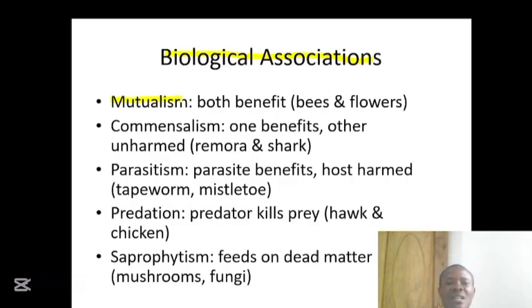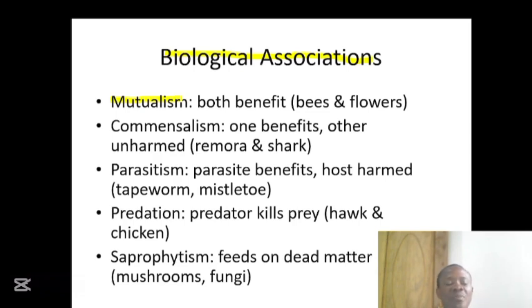Now let's discuss the biological associations that exist among organisms. It's talking about how living organisms live with one another. This biological association, broadly, is termed symbiosis. Symbiosis is a long-time relationship that exists among organisms of different species, not of the same species.